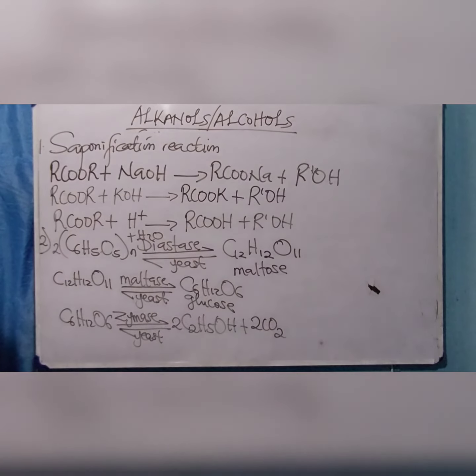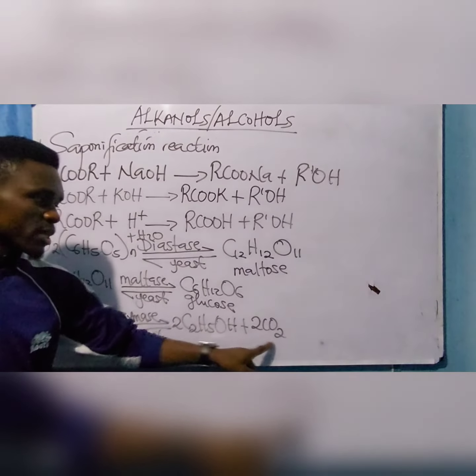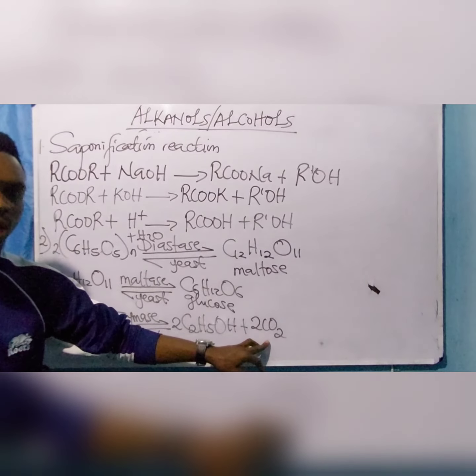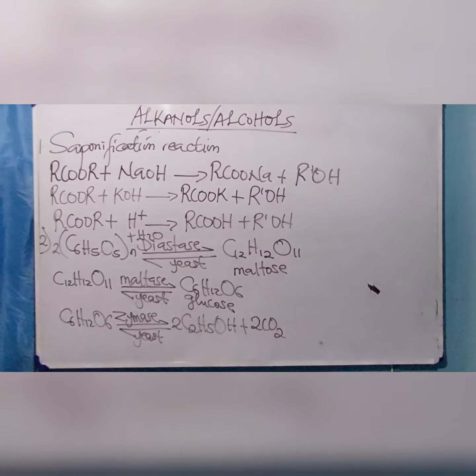So please, during baking, what makes the dough to rise is the presence of carbon(IV) oxide. It is this carbon(IV) oxide that makes the dough to rise. So please take note of that. It is very, very important.